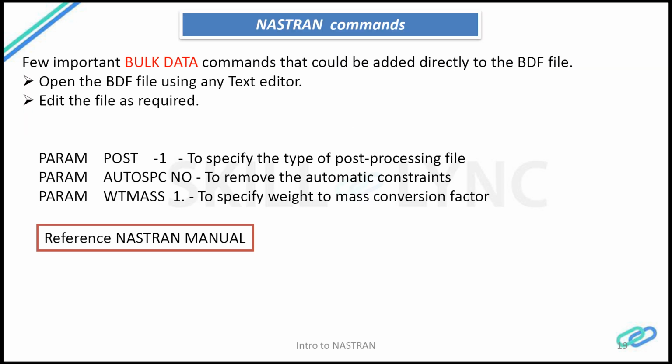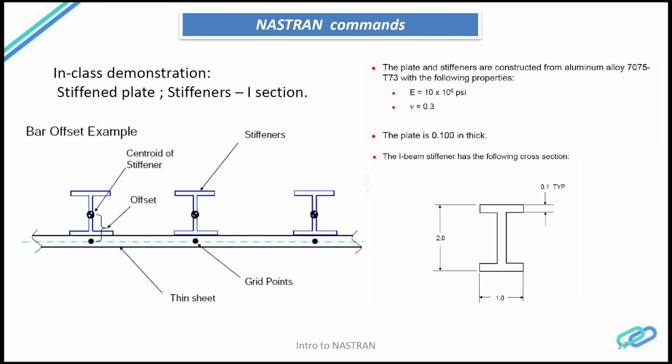First, I'll be demonstrating a plate with a stiffener, and then I'll show you the various parameters we need to specify to create the BDF file. Once Patran generates the BDF file, we'll open it and dig into that.